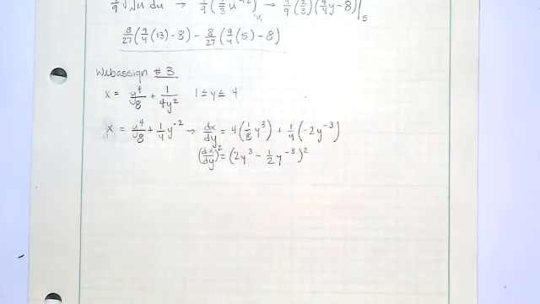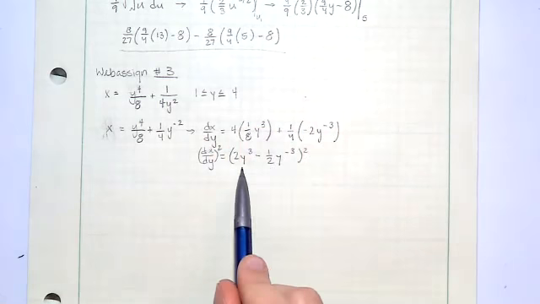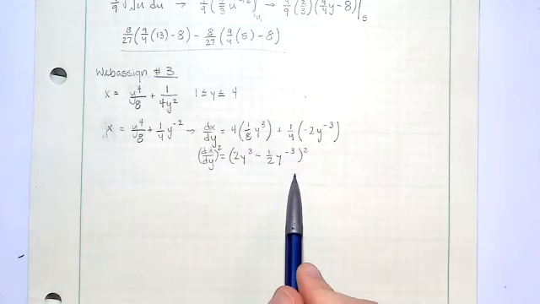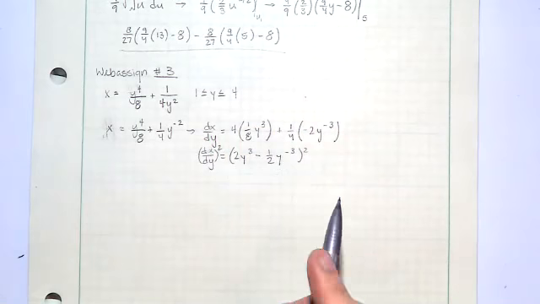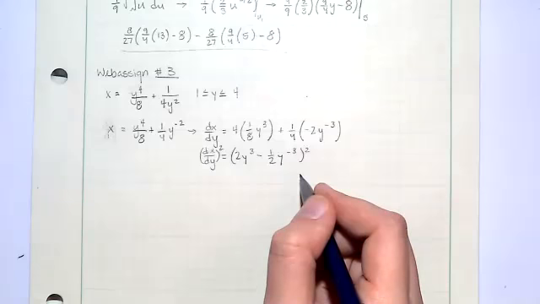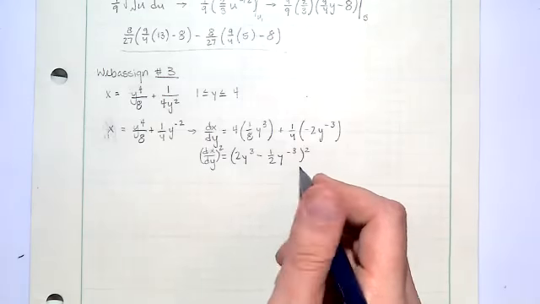Except when you square that, you have to remember to treat this as a polynomial. You can't just go in and square the individual terms, as much as I would really like to. But let's go ahead and rewrite this in terms of how we would tackle it in an integral form.